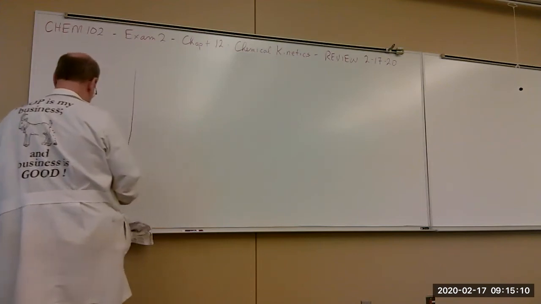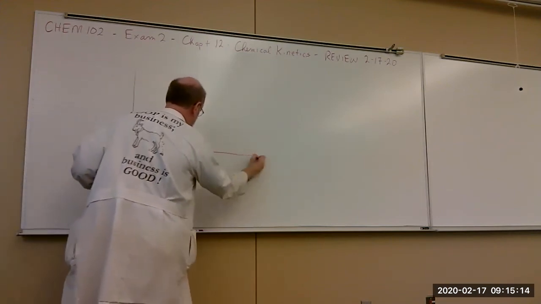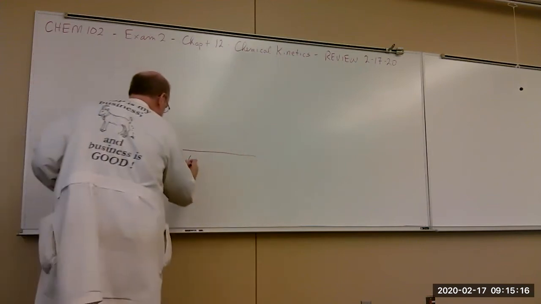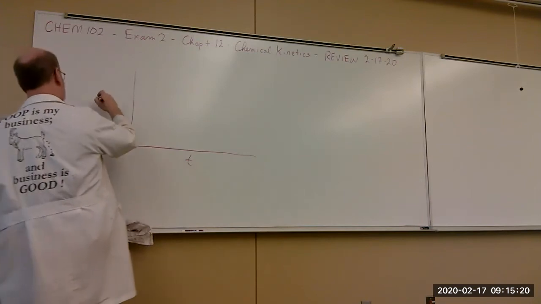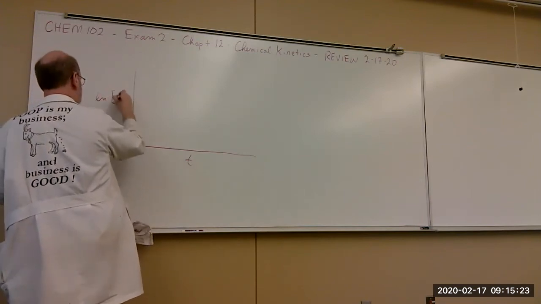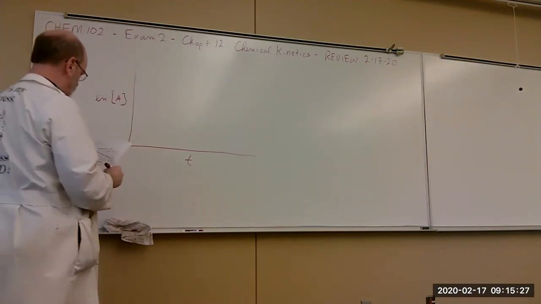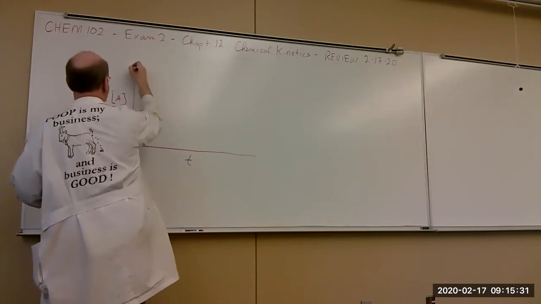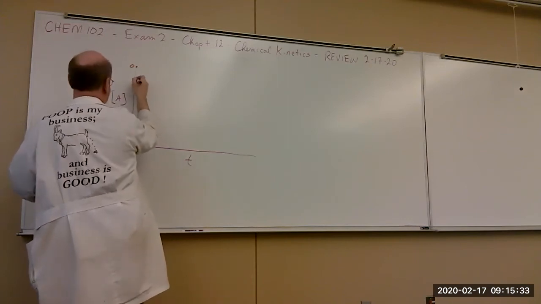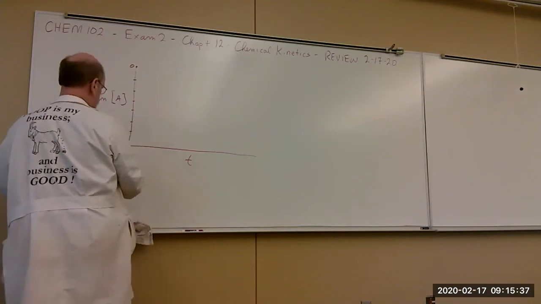So let's say we plot time against the natural log of something. And we get a straight line, and these values are going to be negative values, which is not unusual.